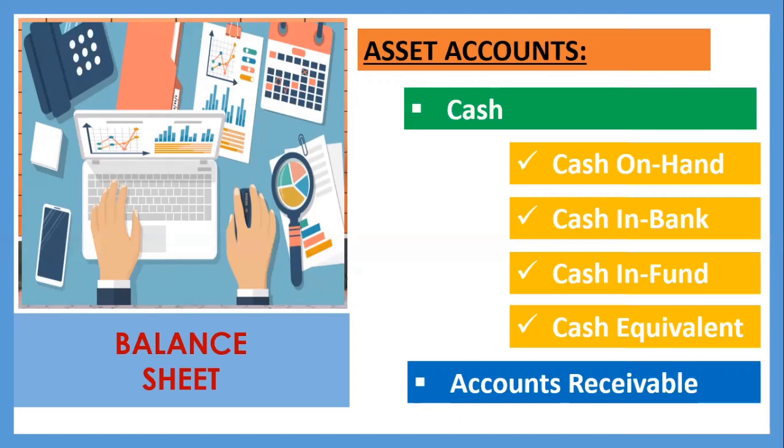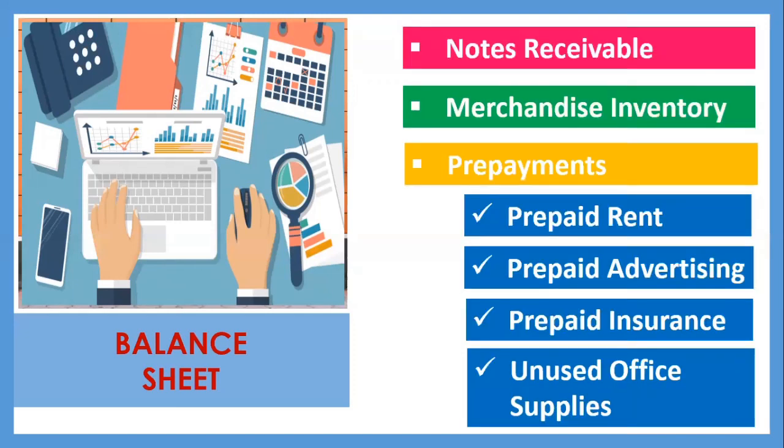Aside from accounts receivable, we have notes receivable, we have merchandise inventory, we have prepayments as well. And under prepayments, we have prepaid rent, prepaid advertising, prepaid insurance, and unused office supplies.